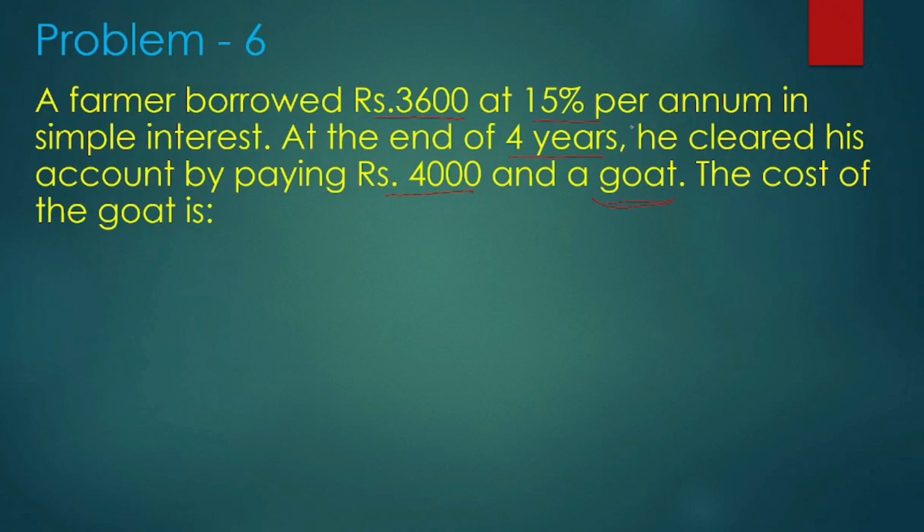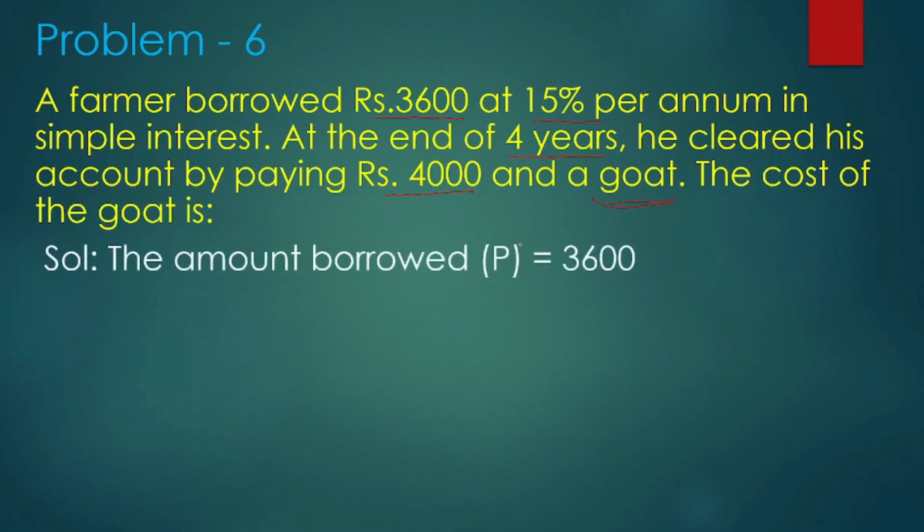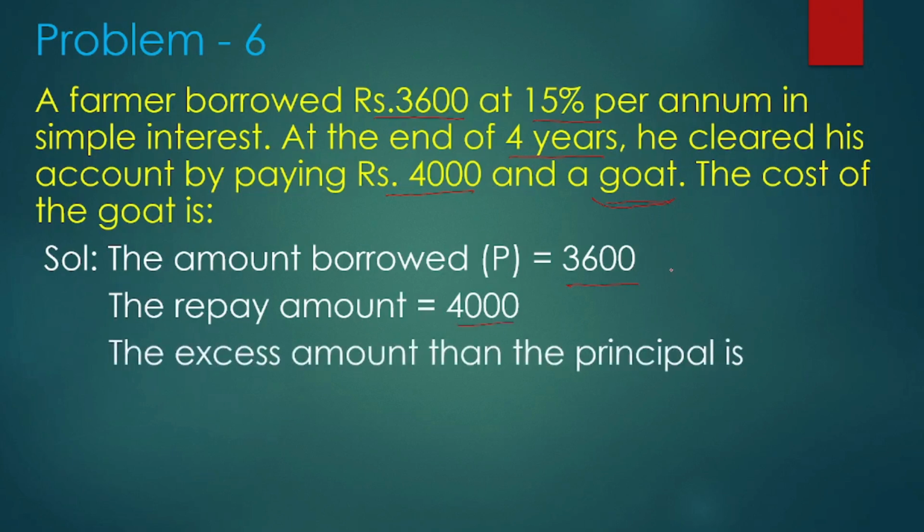So in this transaction, let us see. The principal amount borrowed by the farmer is 3,600 and he paid only 4,000 rupees. So the excess amount paid over the principal is 4,000 minus 3,600, that is 400 rupees paid excess.